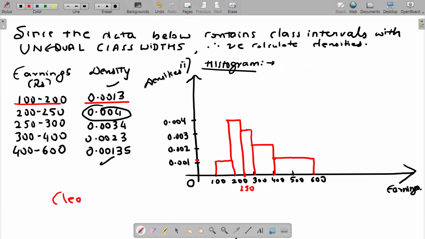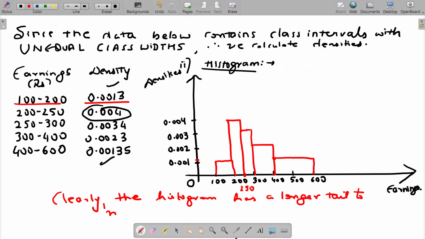So I can write clearly the histogram has a longer tail to the right. Hence, it is positively skewed.